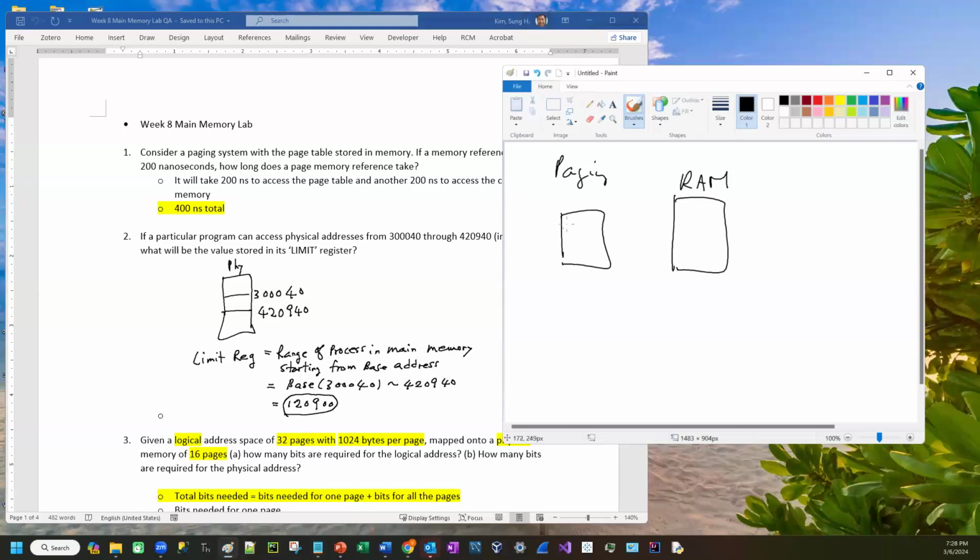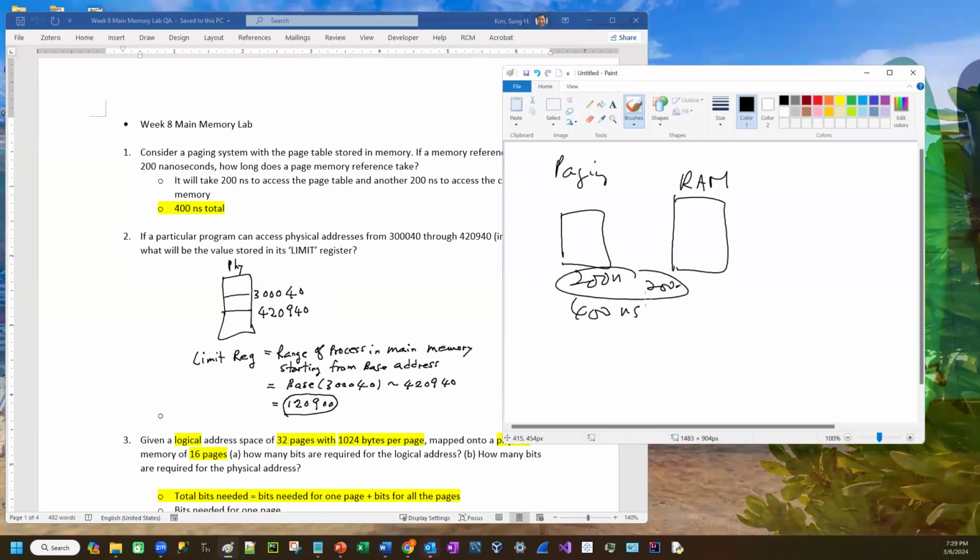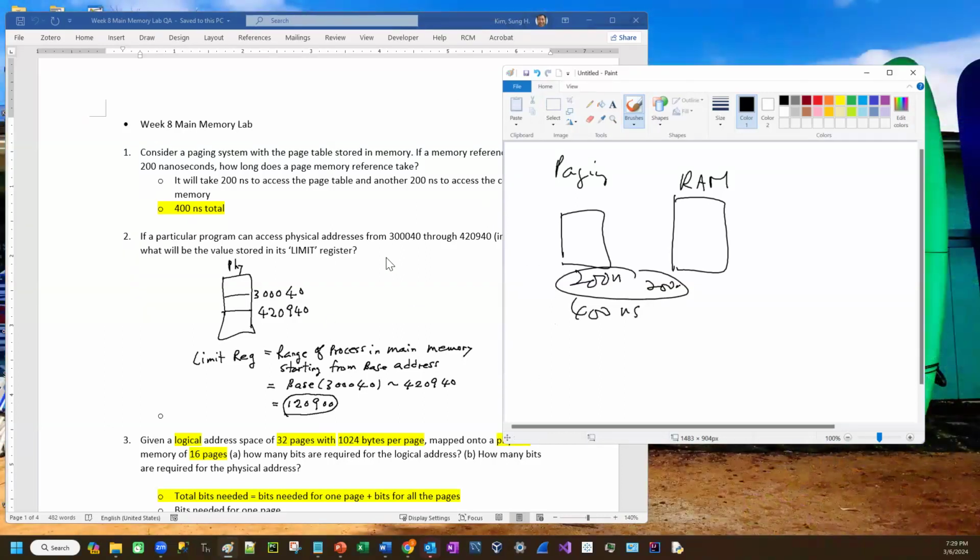So if it takes 200 nanoseconds here, it'll take 20 nanoseconds to actually put it in. So it'll be 220 altogether. Anyway, that's the first one.